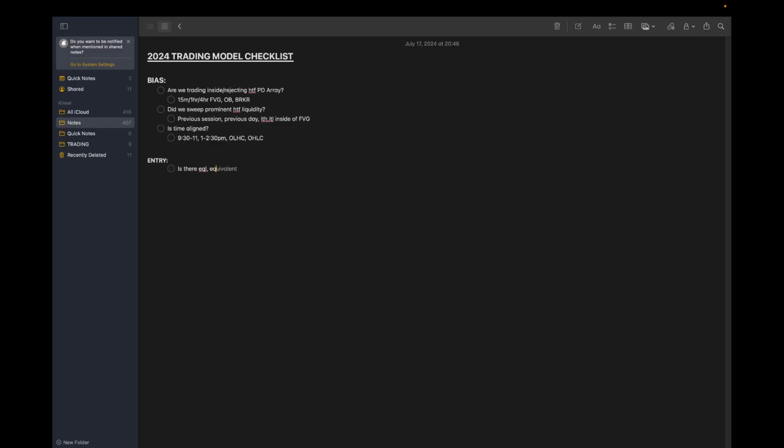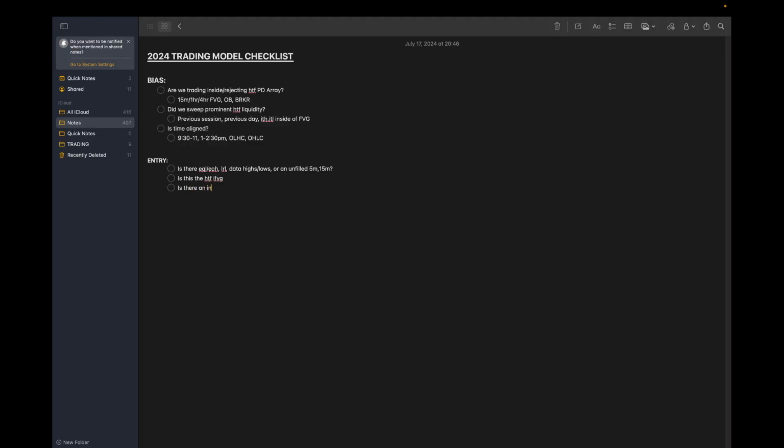So equal highs, equal lows, or low resistance liquidity, data highs, lows, or an unfilled 5-minute, 15-minute? Question mark. Okay. Is this the highest time frame inversion for value gap? Okay.